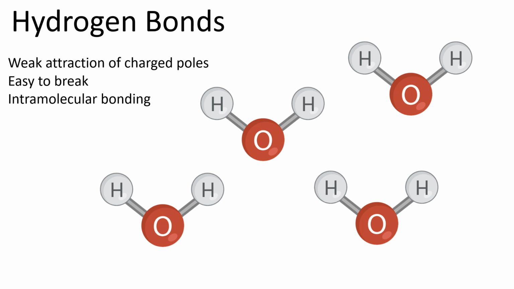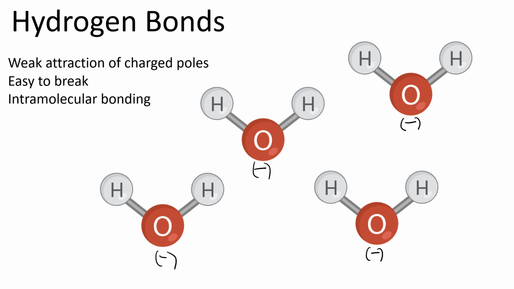These polar covalent bonds that unequally share their electrons, they create these poles on the molecule that are slightly charged. Because the electrons are having a party down here by the oxygen atom, the oxygen ends up getting this slight negative charge on all of these water molecules.